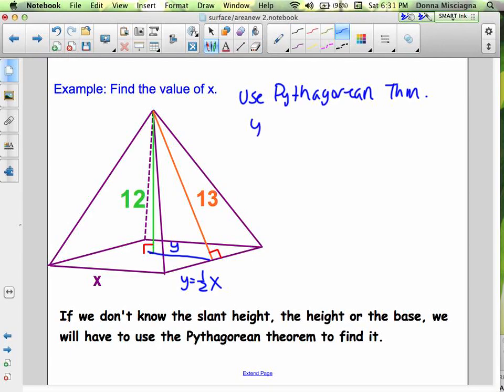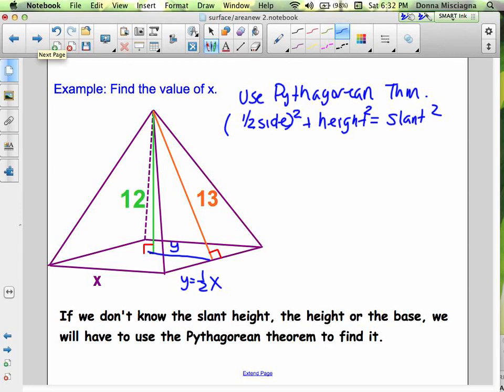Let me write it in words, and you write it in words. So it's going to be half the side squared plus height squared equals slant squared. Okay, that's always going to be the formula.